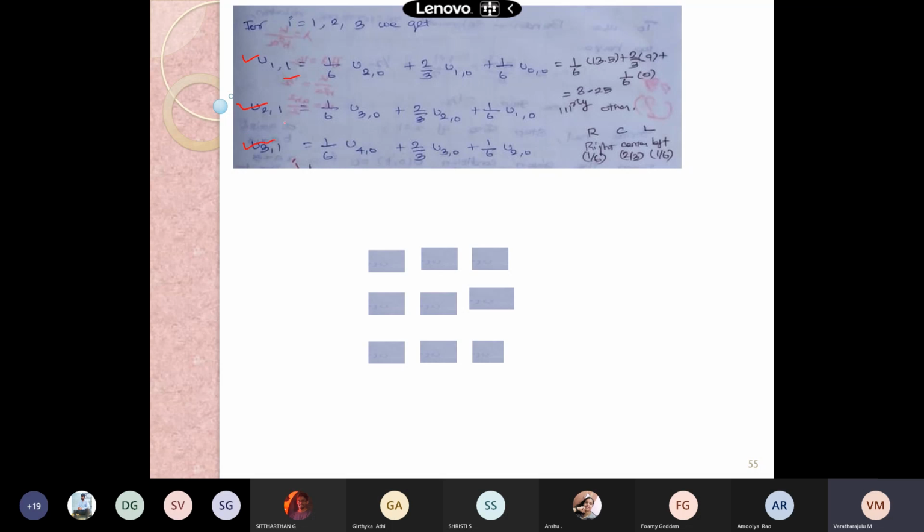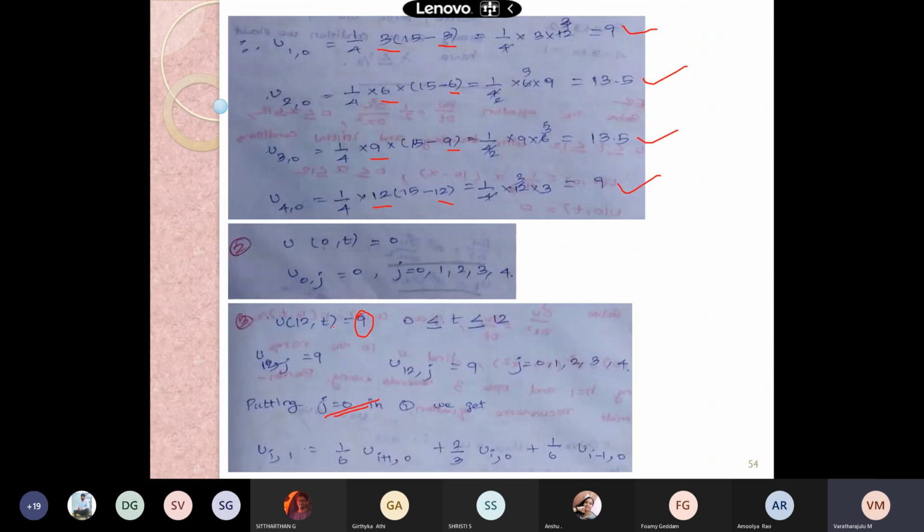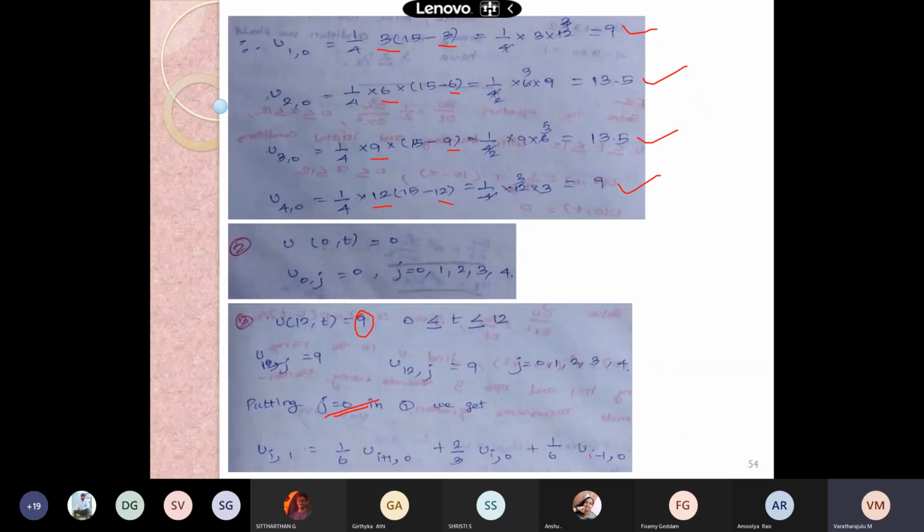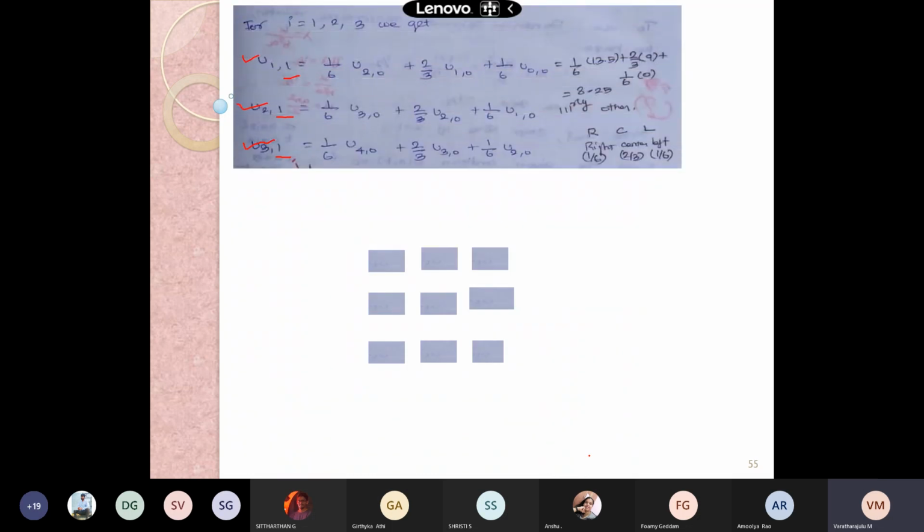We made this as constant, and this is what is obtained from j is equal to 0. When j is equal to 0, this is the formula. We took j as constant, and here we are varying i. When i is equal to 1, the thing is 1 by 6 of 2 comma 0, 2 by 3 of 1 comma 0, 1 by 6 of 0 comma 0.